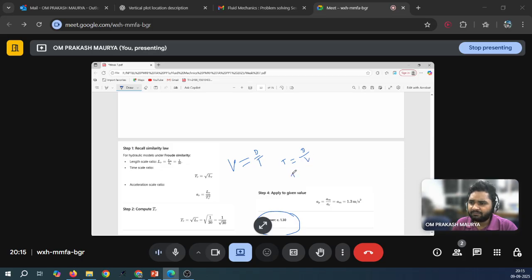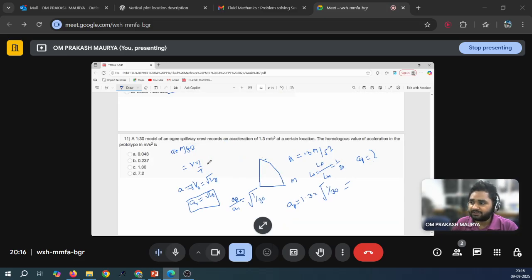Change in position is in meter, that is the length dimension, and your velocity is related with root L. So L divided by root L, so your TR is equal to root LR. Okay, so from here you can think like that.